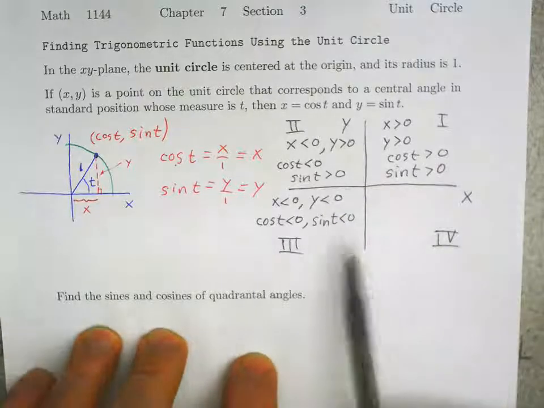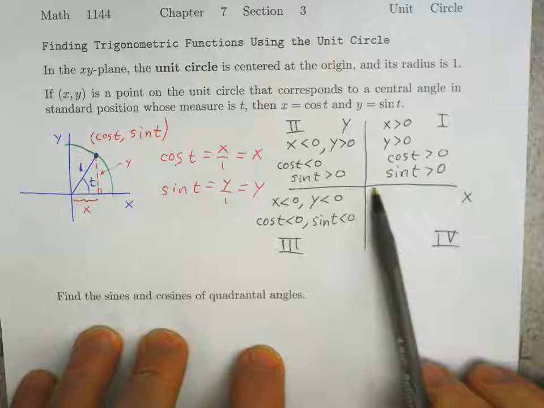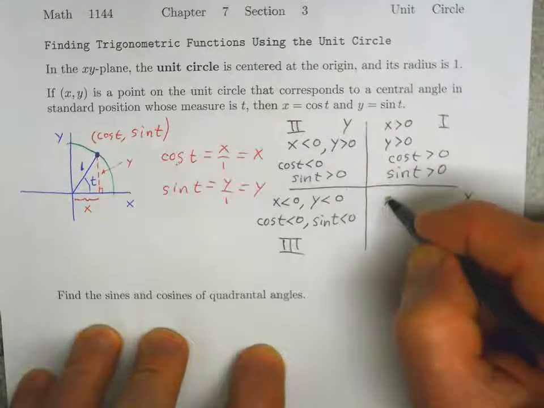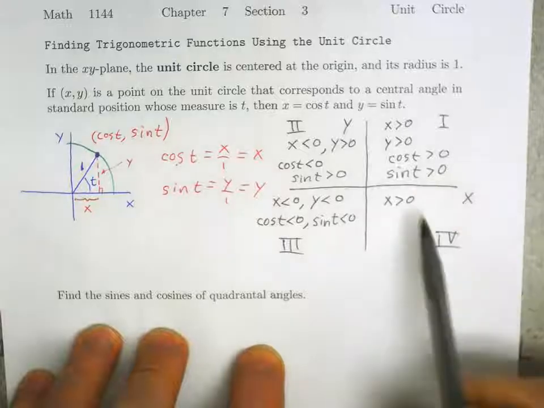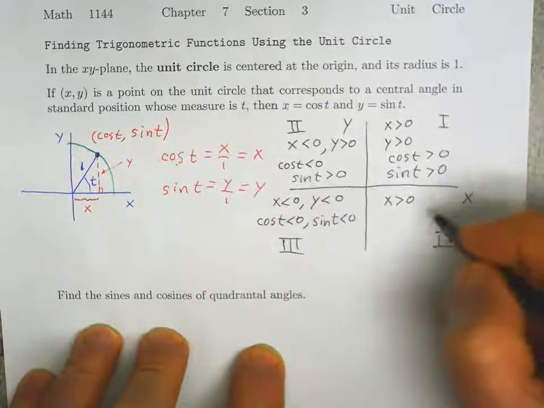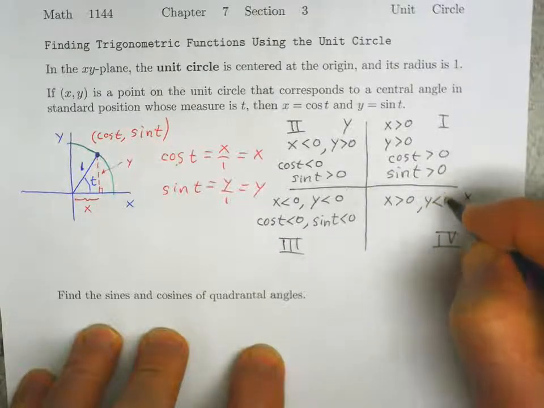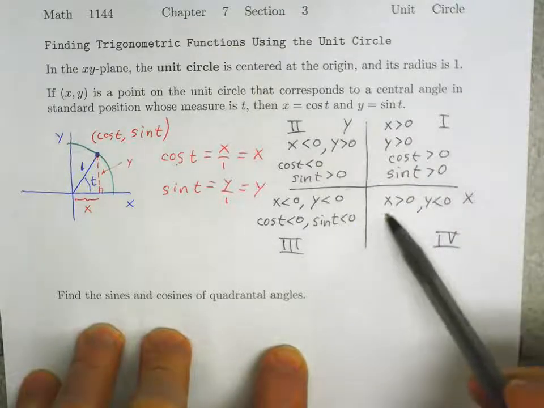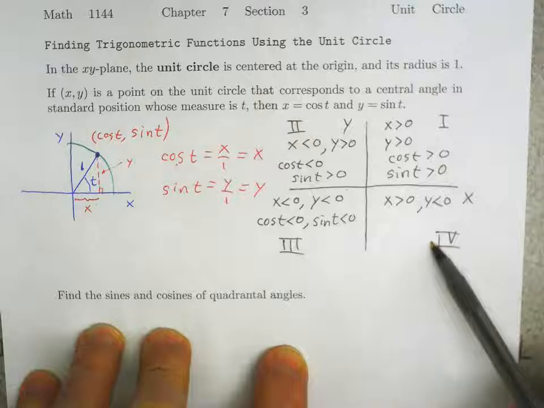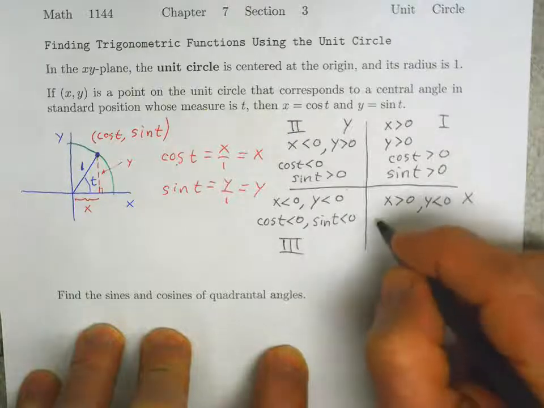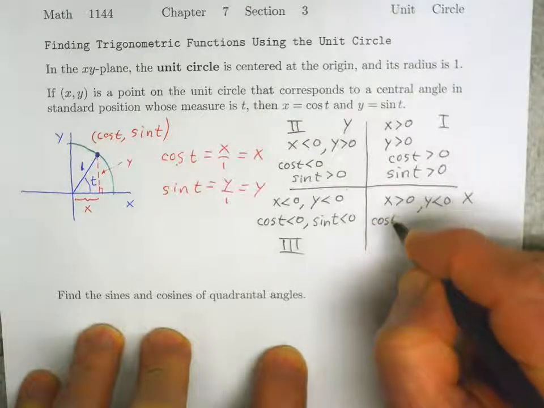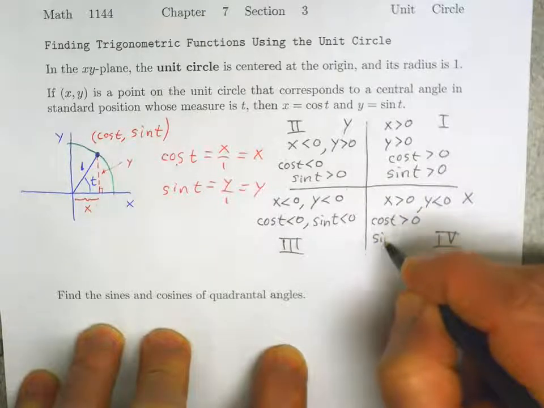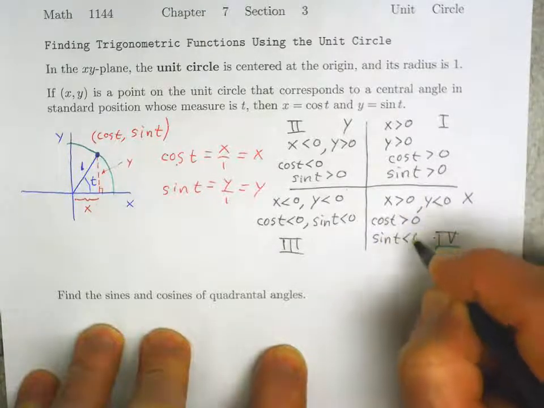And then finally, in the fourth quadrant, the x-coordinates are positive, and the y-coordinates are negative. So for a central angle that terminates in the fourth quadrant, cosine of that angle will be positive, and the sine of that angle will be negative.